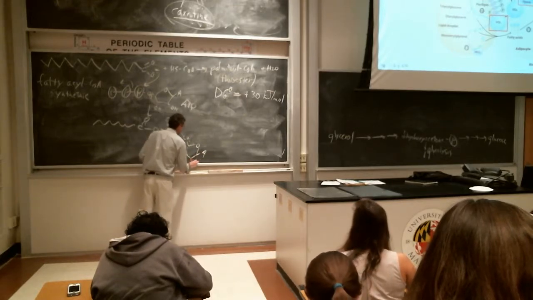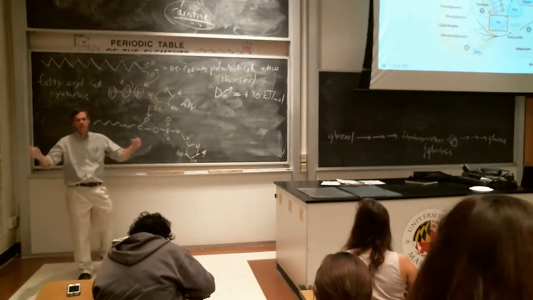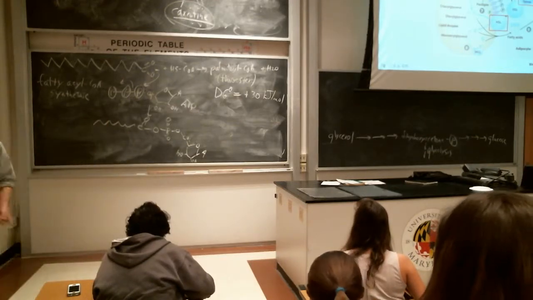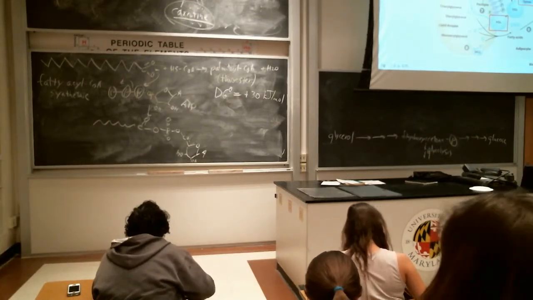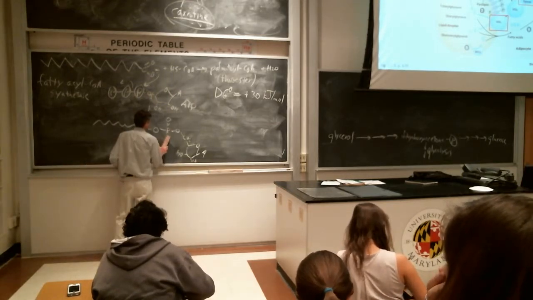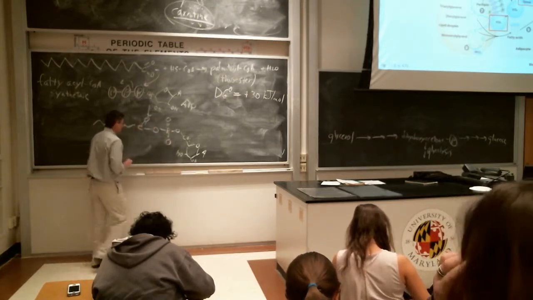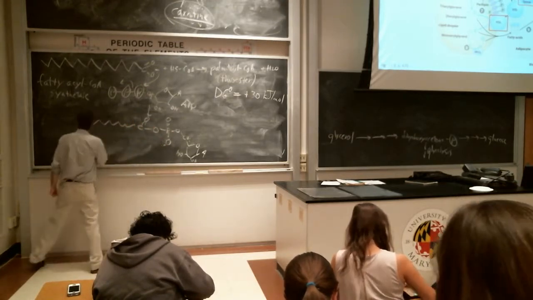So this is AMP that's been joined to the carboxylate group. What kind of a linkage is this? I'll ask that question in a week. This is a mixed anhydride, so it's a high energy bond in that sense. And the other product is, of course, pyrophosphate.